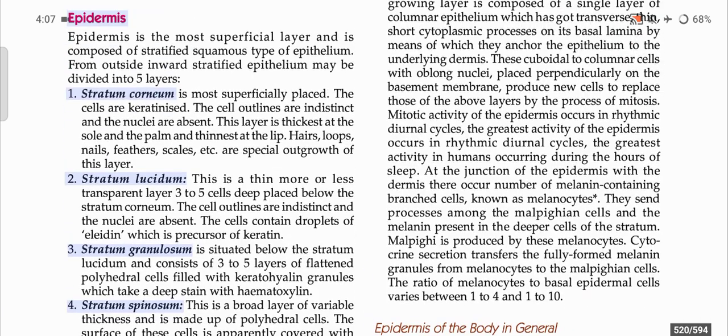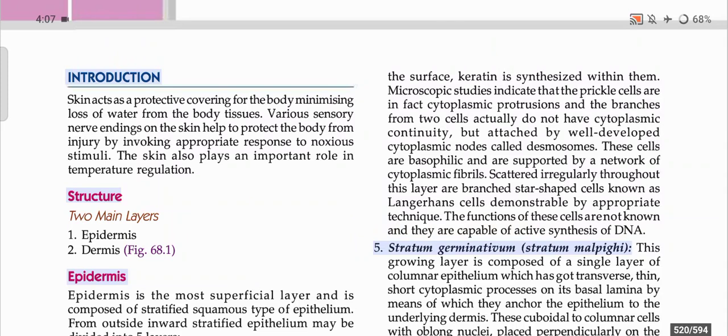As the cells move towards the surface, keratin is synthesized within them. Microscopic studies indicate that the prickle cells are in fact cytoplasmic protrusions.